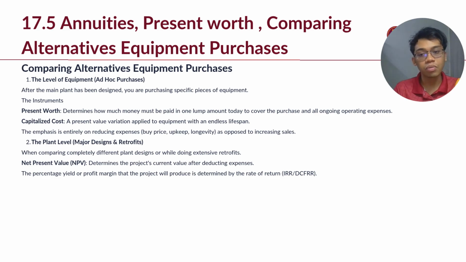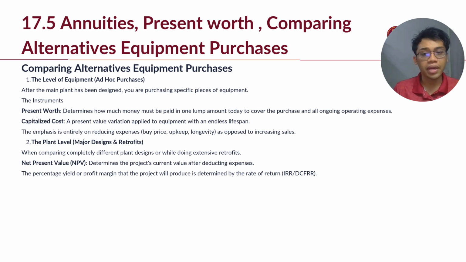So first, we move to individual equipment. For individual equipment, we are comparing items with different costs and lifespans after the main plan is designed, and it is recommended to use the present worth or capital cost for infinite lifespan. For primary focus, we minimize total life cycle cost, purchasing and maintenance.